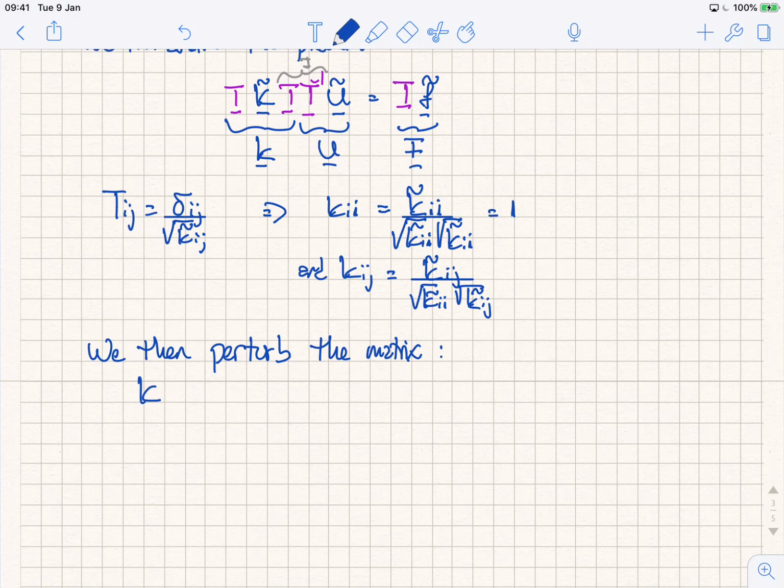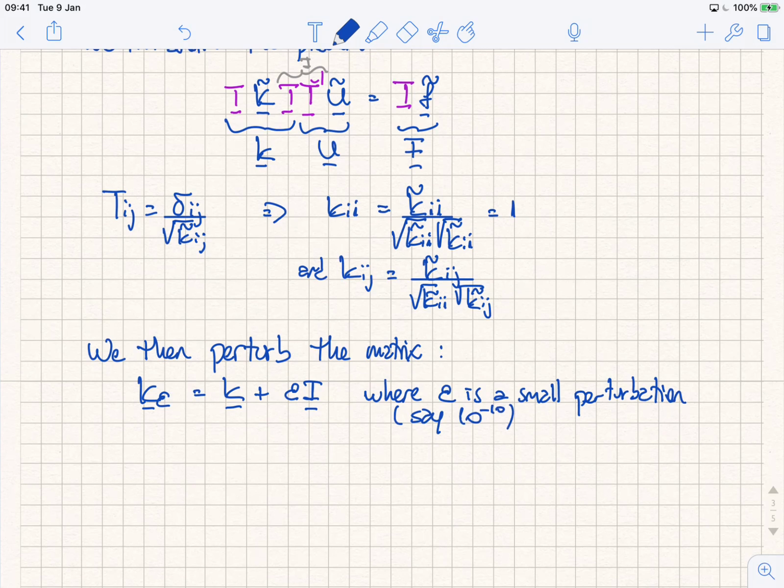So we get some K, let's call this K epsilon, which is equal to my modified K plus some epsilon parameter that is very small multiplied by the identity matrix, where epsilon is a small scalar usually on the order of, let's say, 10 to the minus 10.